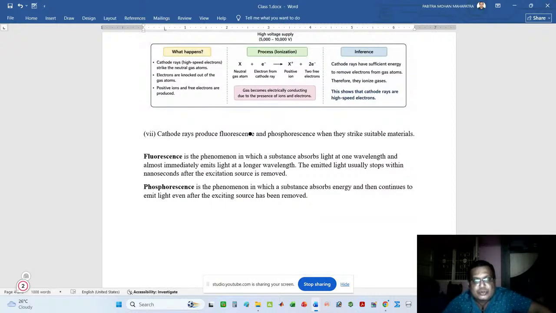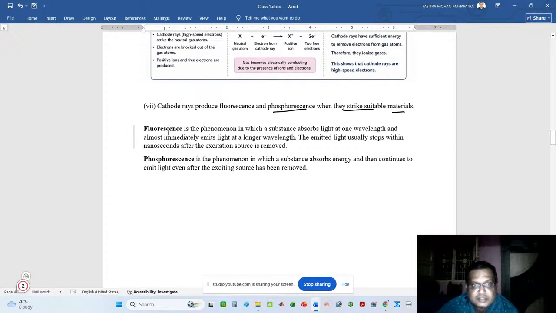Cathode ray produces fluorescence and phosphorescence when they strike suitable material. What is fluorescence? Fluorescence is the phenomenon in which a substance absorbs light at one wavelength and almost immediately emits light at a longer wavelength. The emitted light usually stops within a nanosecond after the excitation source is removed.